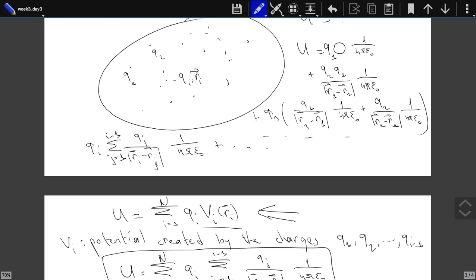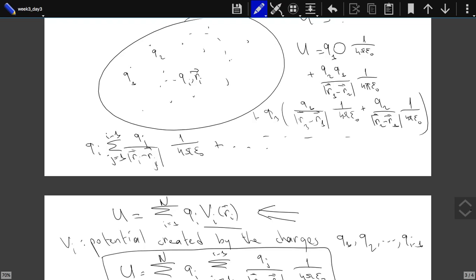And of course, we have to sum this up until we bring all the charges. It again looks like Q times V, but the Vi over here, just keep in mind that it is the potential created by the charges that we had brought before bringing Qi.